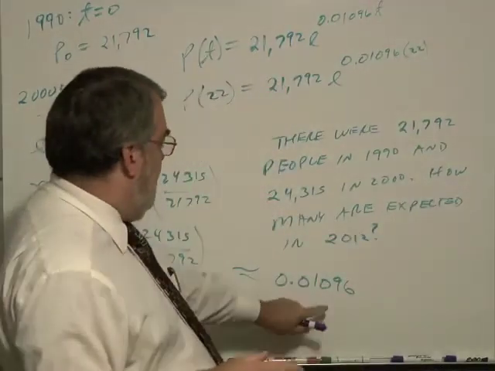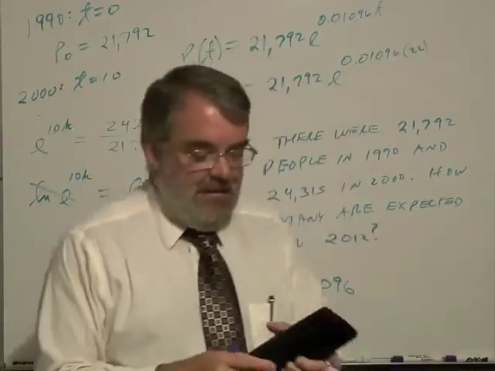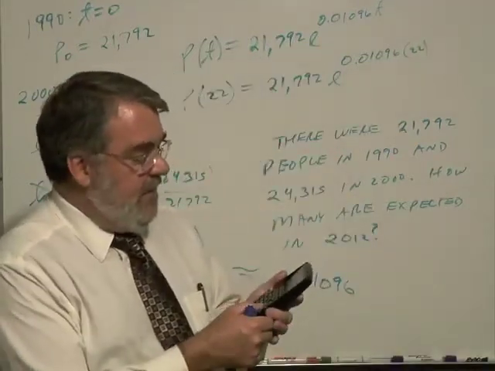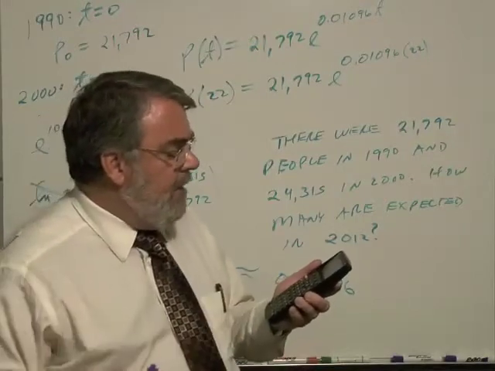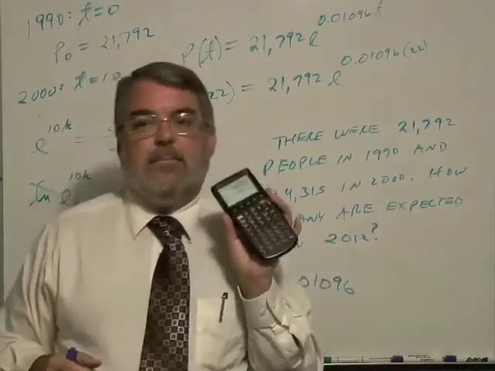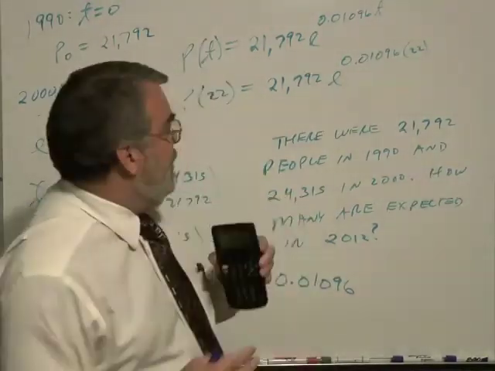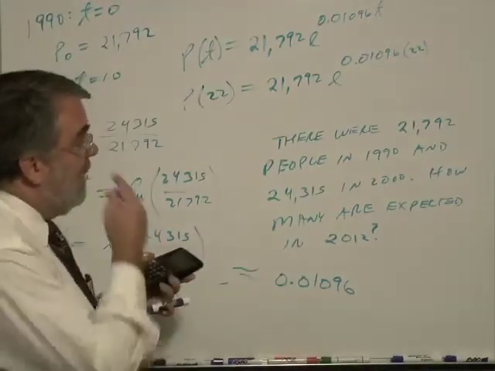But I tell you what I'm doing. I still have this number with all its decimal places on my calculator. So when you have all those decimal places, I want to make sure I store it and use them. So I'm not just using 0.01096, I'm using all the decimal places.